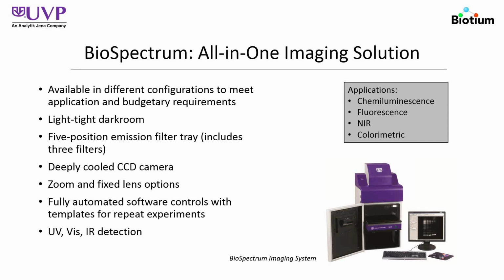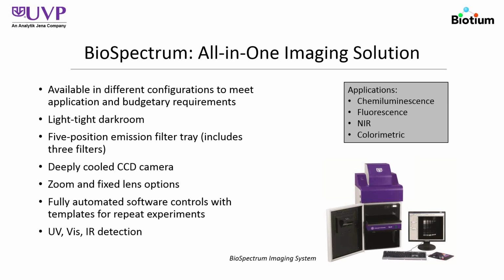I mentioned the deeply cooled CCD camera. We have a range of cooled CCD cameras, but specifically the camera designed for NIR imaging is also ideal for chemiluminescence. So you'll find that the very same features of sensitivity for fluorescence imaging are also perfect for doing chemiluminescence capture.